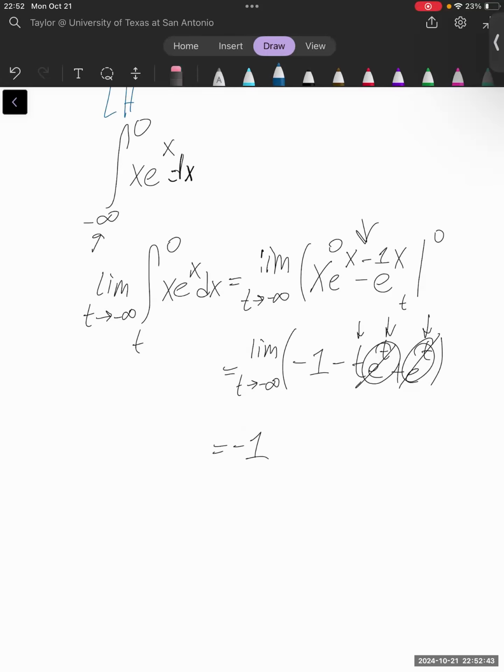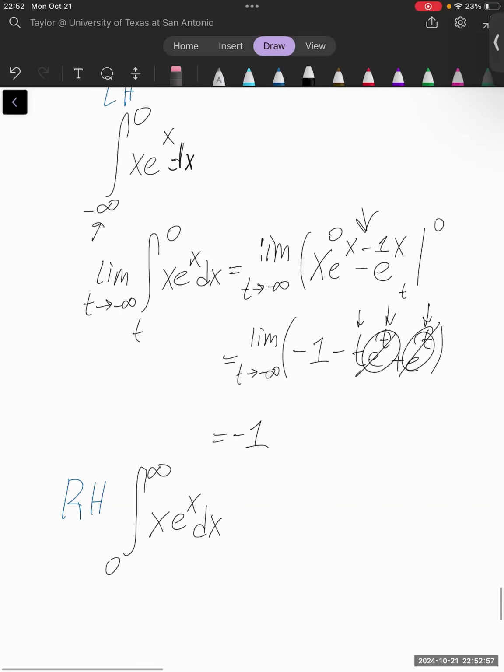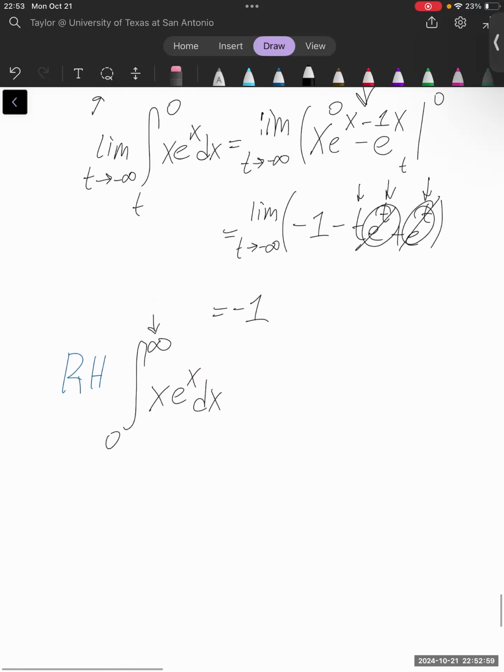And then for the right-hand side, I get the integral from 0 to infinity of x e to the x dx. And I'm going to do the same thing. Rather than having an infinity here in my integrand, I'm going to take it out, replace it with t, and then take the limit as t approaches that value, which in this case is infinity.